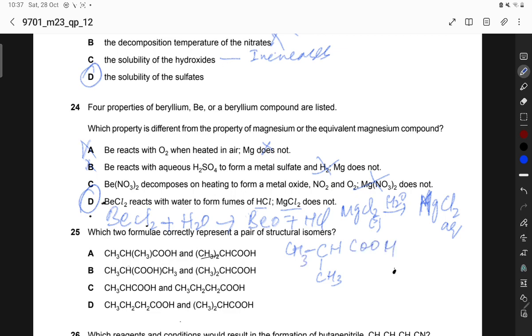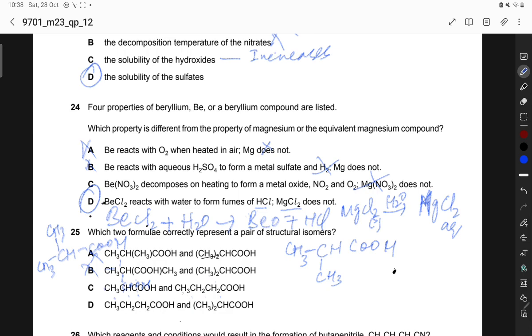And this is also the same compound, CH3, CH3, COOH. This is incorrect. CH3, CHCOOH, CH3. So this is in the bracket, again convert this, and this is CH3. These are the same structure. CH3CH and CH3CH2CH2.